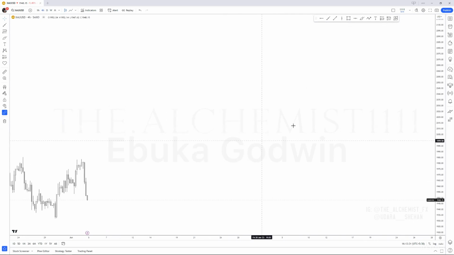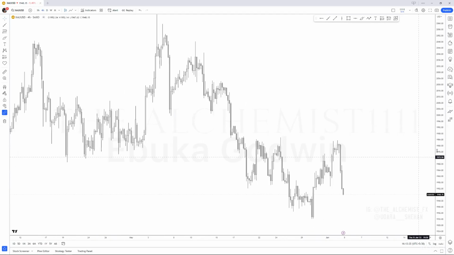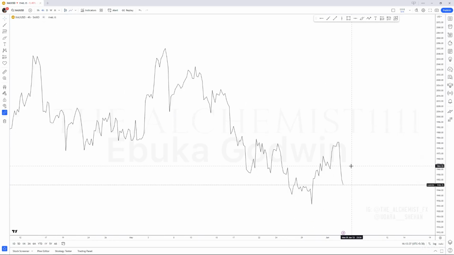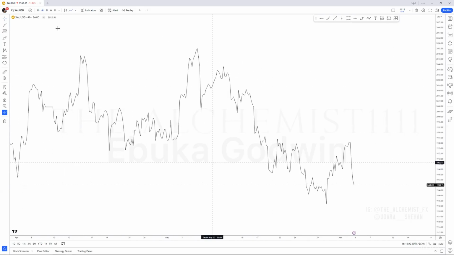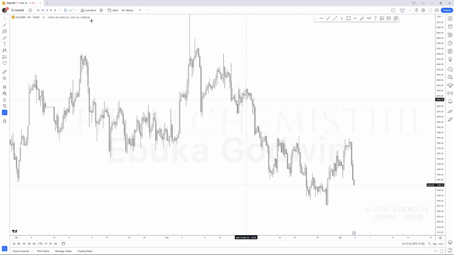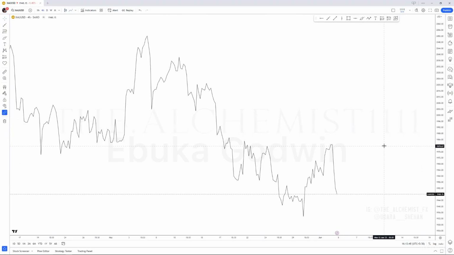Another thing to point out is that we will be using the line chart a lot. We will go through candlesticks as well, but mainly we'll be using the line chart because this is important.